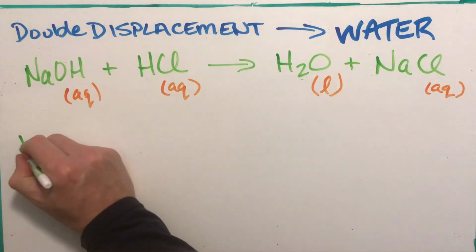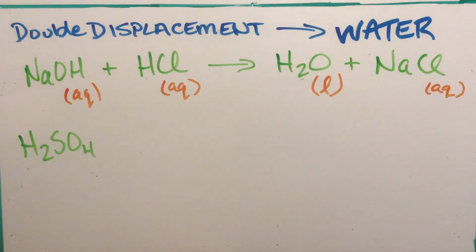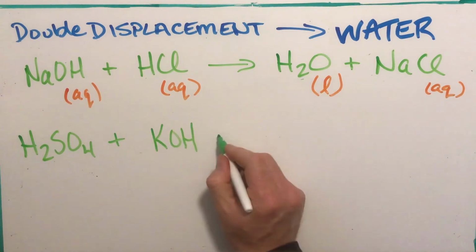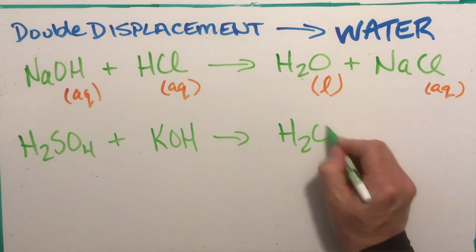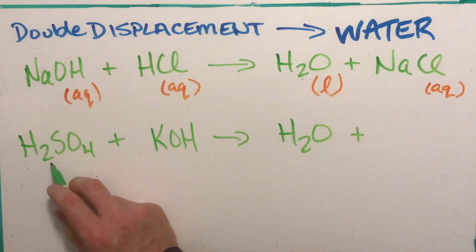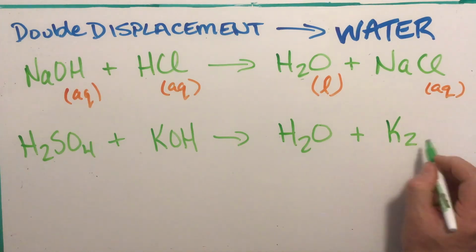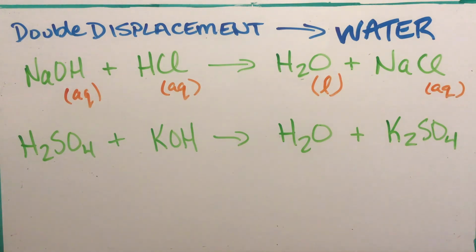Our next one, sulfuric acid plus potassium hydroxide. And that's going to give us, well, water and whatever's left over. So when we switch these, a K comes over to the SO4, so K2SO4, that's my salt.